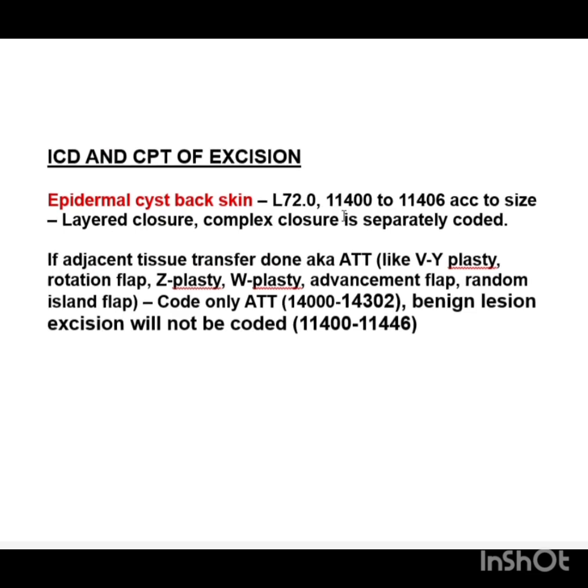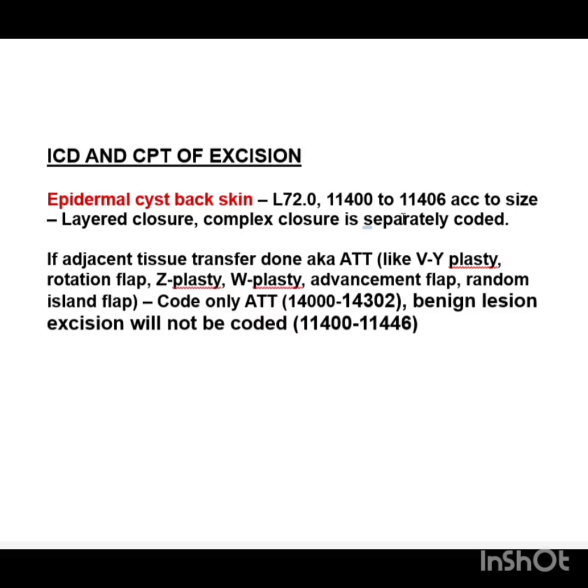And the back is always coded from the trunk site. Okay. And if there is a layered closure or complex closure, always report it separately. So code the excision CPT and the closure CPT.